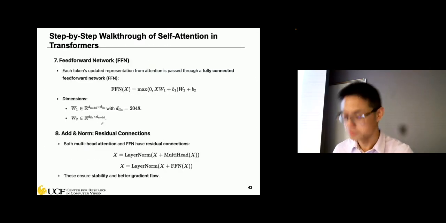I hope this is clear. I know these three different projection matrices can be confusing, but hopefully this summary of all the steps gives you a clear picture of how attention is computed at each step.